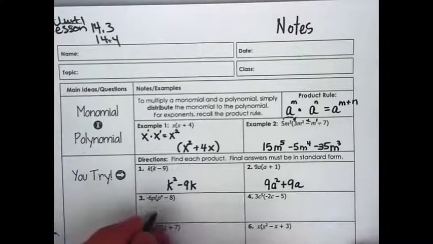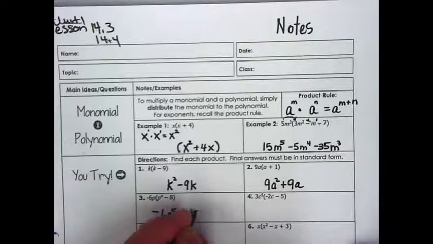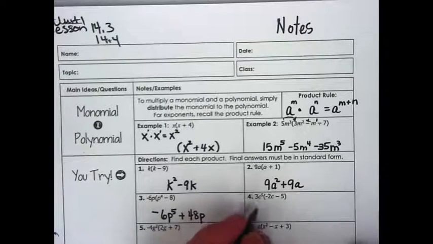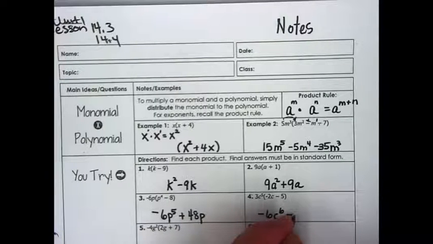If you did this one correctly, you should have negative 6p to the fifth plus 48p. And if you did this one correctly, you should have negative 6c to the sixth power minus 15c to the fifth.